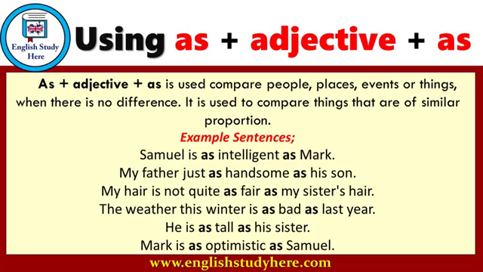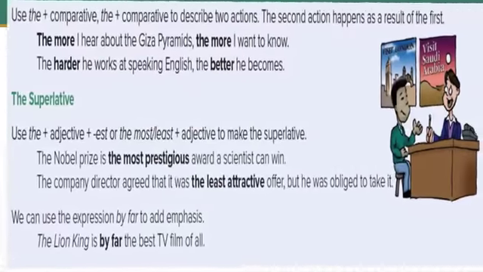Someone is as intelligent as Mark. My father is just as handsome as his son. My hair is not quite as fair as my sister's hair. The weather this winter is as bad as last year. He is as tall as his sister. Mark is as optimistic as Samuel.